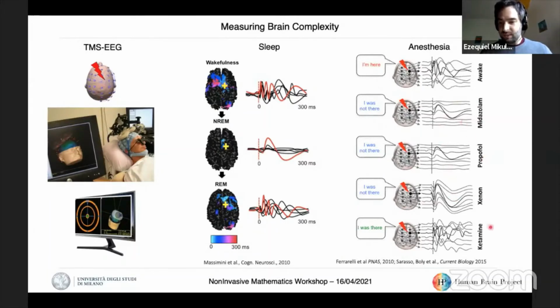And if you stimulate during ketamine, in which subjects typically report having hallucinations and dream-like states, you see again a very complex response. And here it is important that we can ask the subjects afterwards if they were there or not, I mean, if they were having some kind of experience, and then we can see how this subjective experience correlates with the brain measurements that we are obtaining.